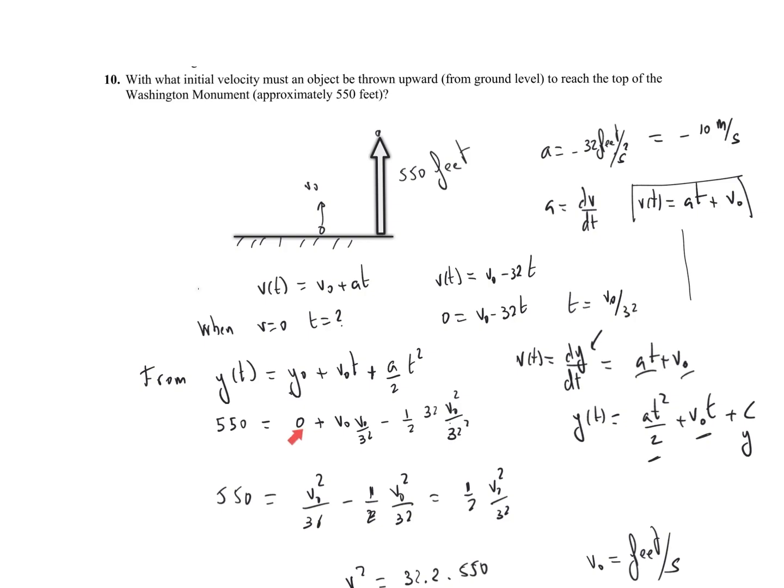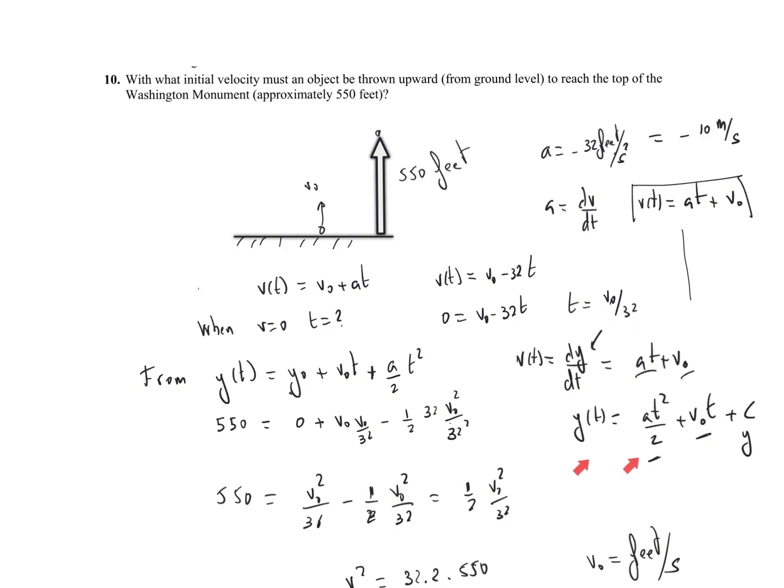What is the initial height? 0. You start from the floor, 0. Plus v0, unknown, times t. t is v0 divided by 32, this v0 divided by 32, minus 1/2 a, where a is minus 32, this is this minus sign, times t squared. t squared is v0 squared divided by 32 squared.